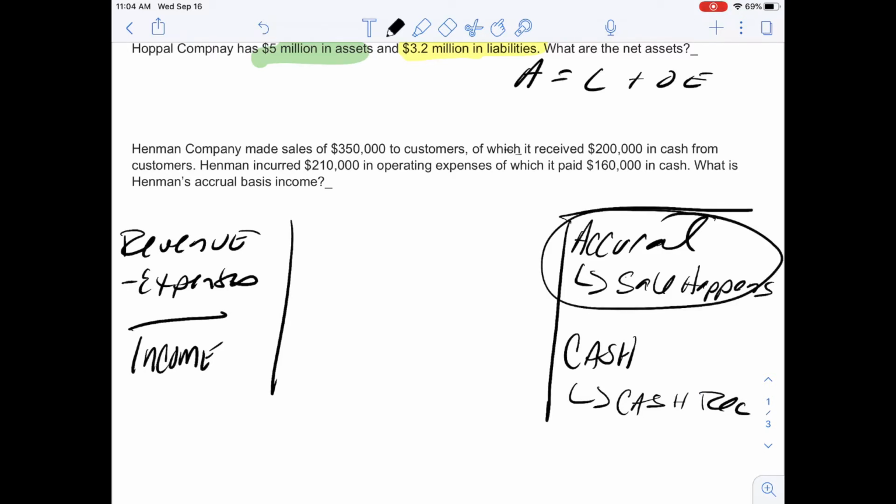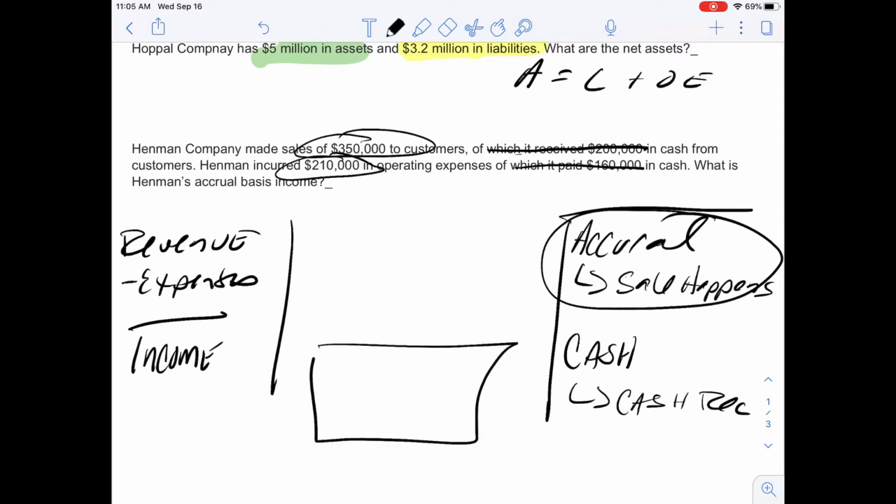So there is some extra information in here, such as when the cash was received and when it was actually paid. This is a pretty simple equation, because we take our revenue and subtract our expenses, and that gives us our net income for this example because we're using the accrual.